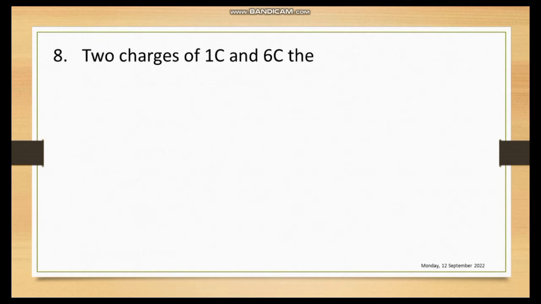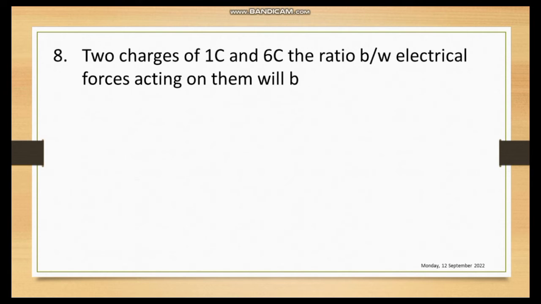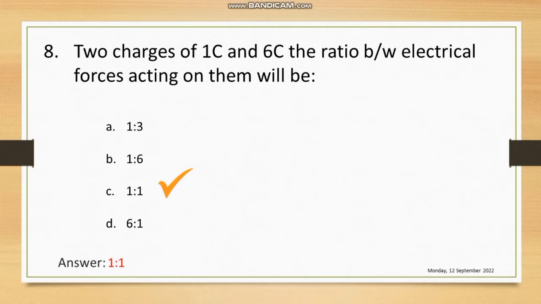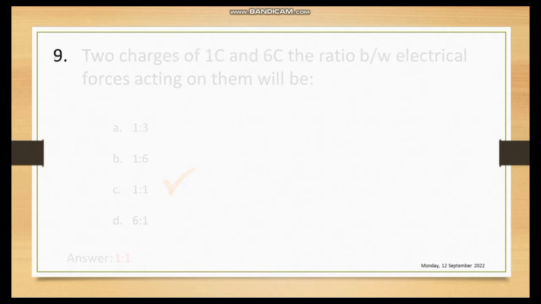Two charges of 1 coulomb and 6 coulomb: the electrical force acting on them will be the exact equal force on each other.